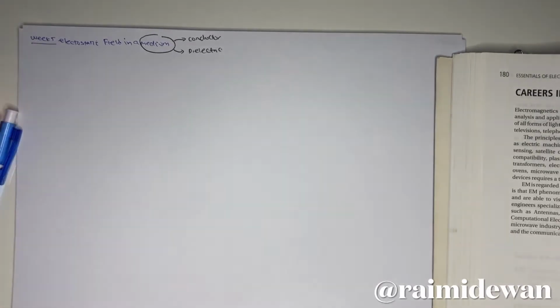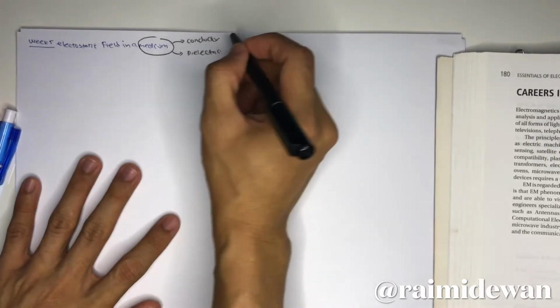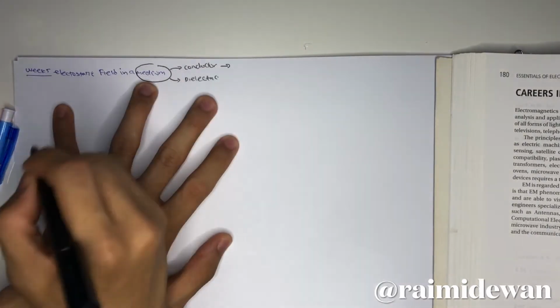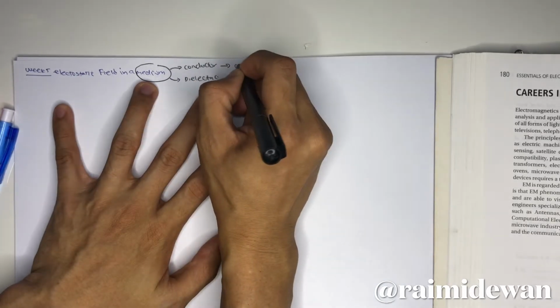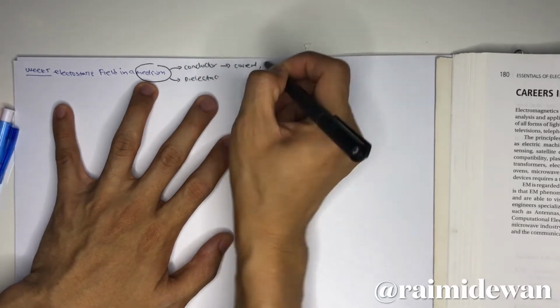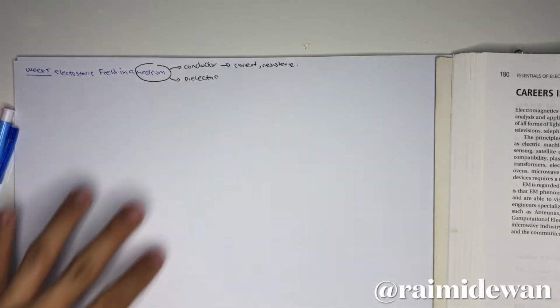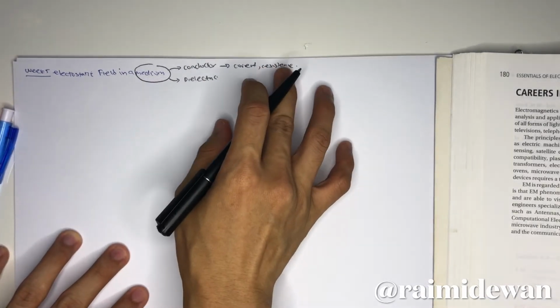In conductor we will learn about current and resistance, just like the normal resistance that you know, which is in ohm. Yes, the same unit as in ohm.